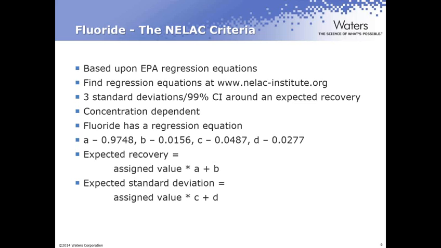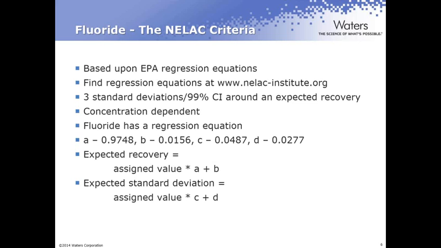So the fluoride analyte has a regression equation. If you see on your screen, you'll see 4 factors, an A, a B, a C, and a D factor. Your A and your B factor are what are used to calculate your expected recovery. If we look at our A factor, that's your expected recovery as a percentage in decimal form.